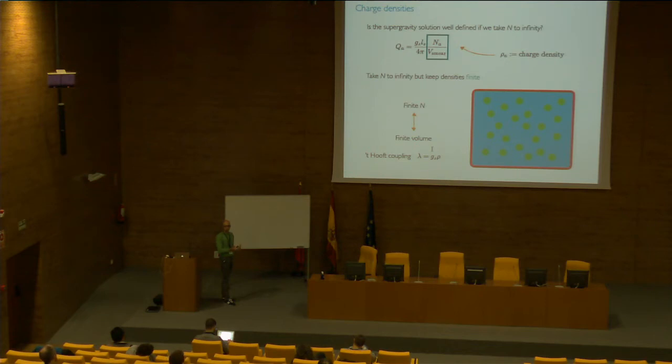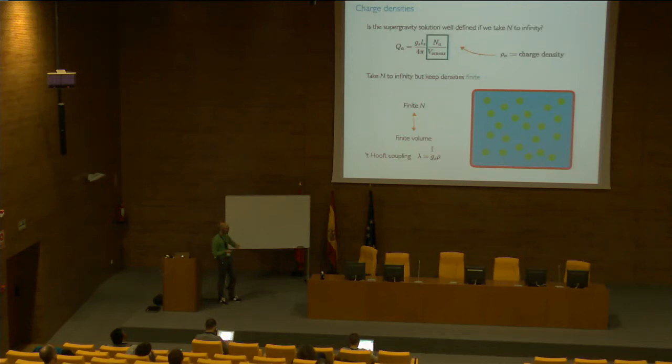And then we take, at the same time, the volume and the number of D branes to infinity. And this gives the idea that the 't Hooft coupling, which we want to keep small, should be g_s times rho, as opposed to g_s times the number of D branes, which was the one that appeared before.